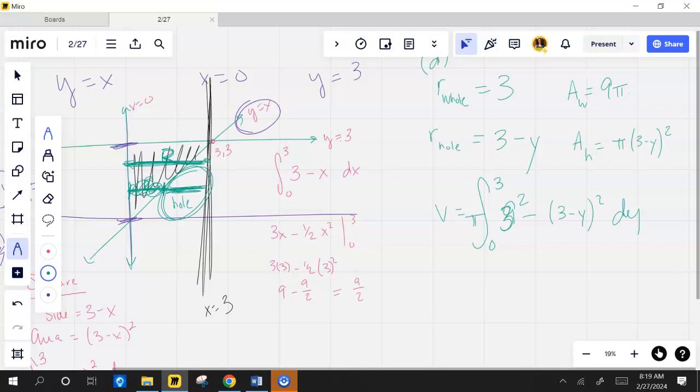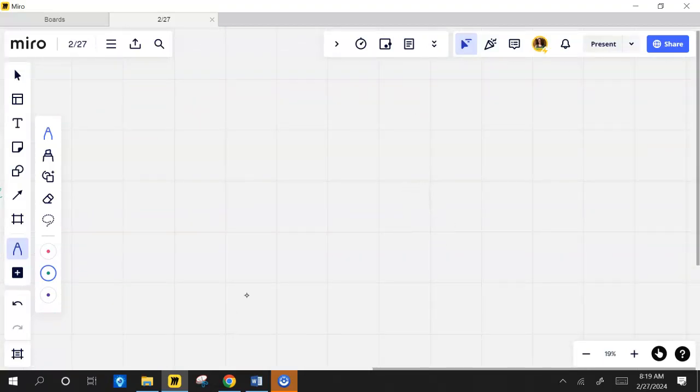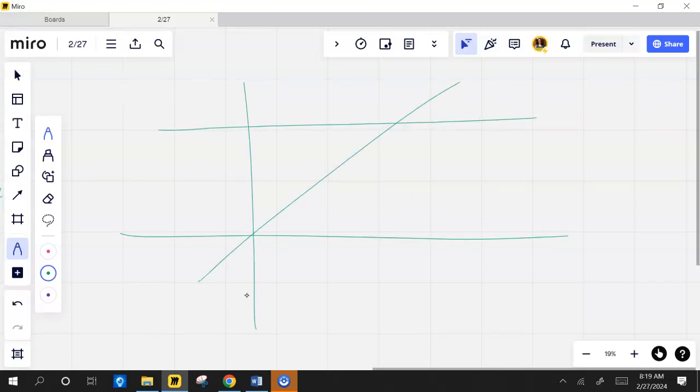All right, E says the line y equals -1. I'm going to draw this. Here's my shape. This is 3, 3. This is y equals 3. This is x equals 0. This is y.